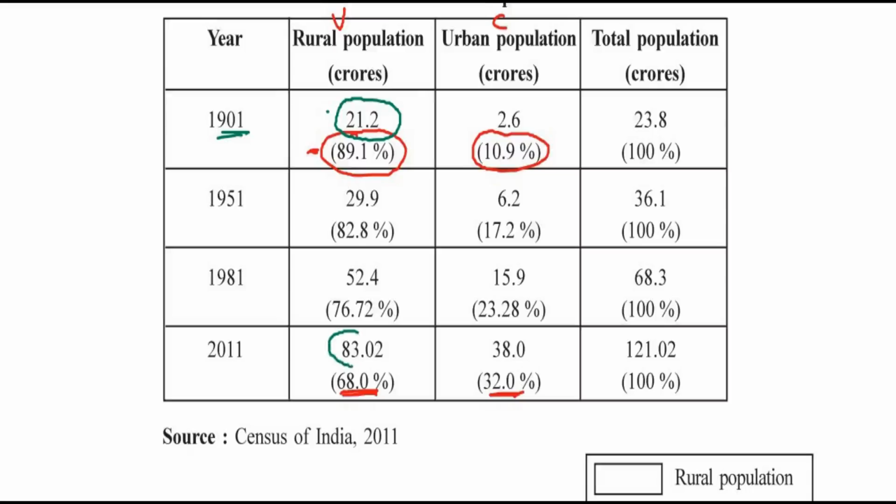Today, 83.02 crore people are living in villages in 2011. So the number of people living in villages has gone up by 4 times. But compare that to our urban population, 2.6 crore to 38 crore. That's around a 15 or 16 times increase of our urban population.